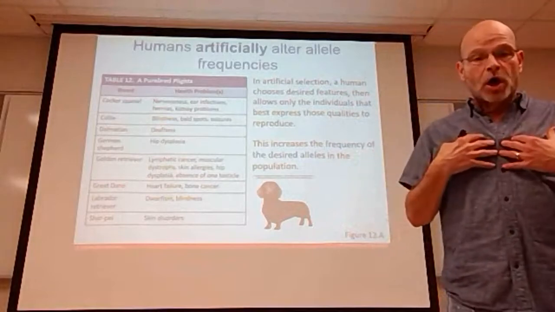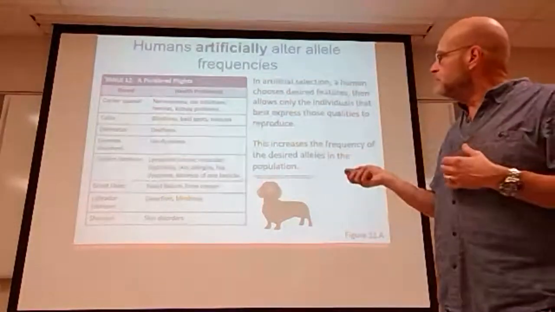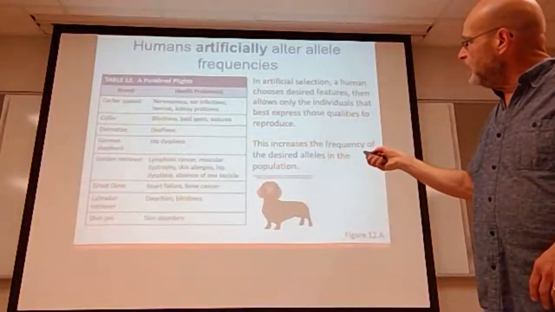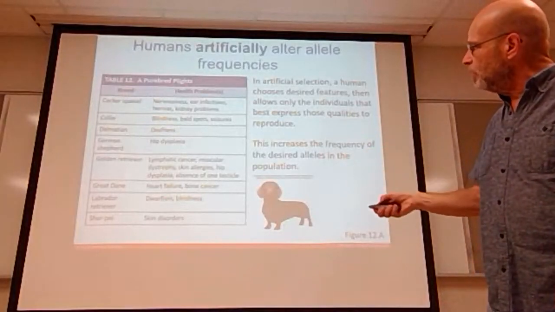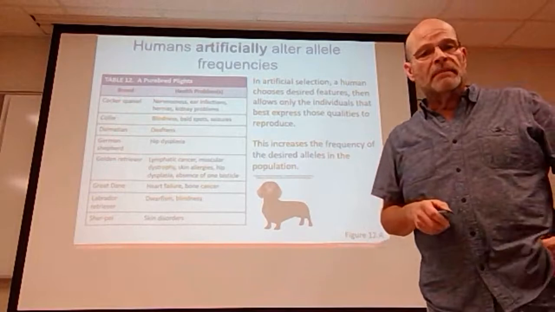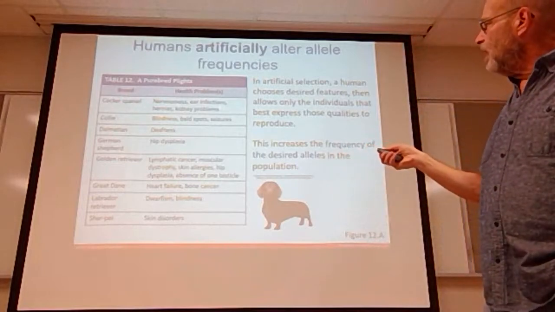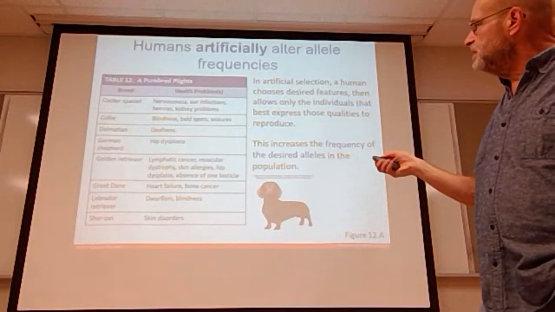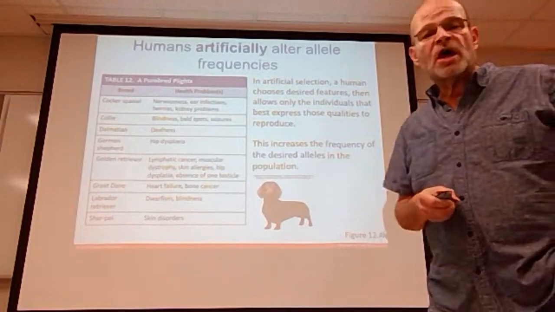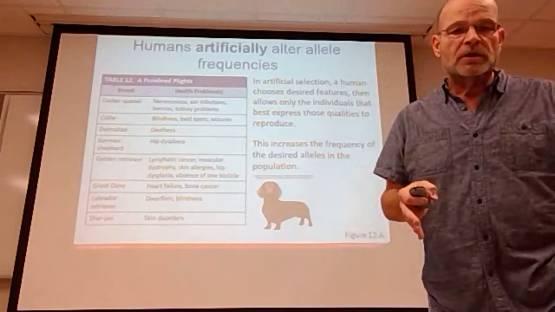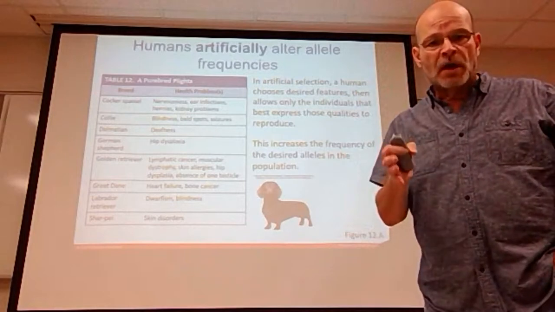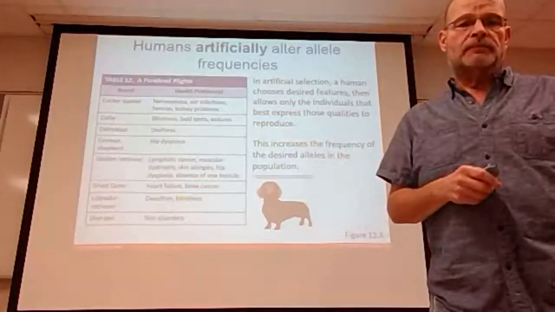Now, one of the reasons I prefer mutts is most of these associated health problems that you see with all these purebreds don't occur in mutts. If you own a Cocker Spaniel, they're nervous. They're prone to ear infections. They have hernias and kidney problems. There's not a worse dog in the world to have if you have small children than a Cocker Spaniel.